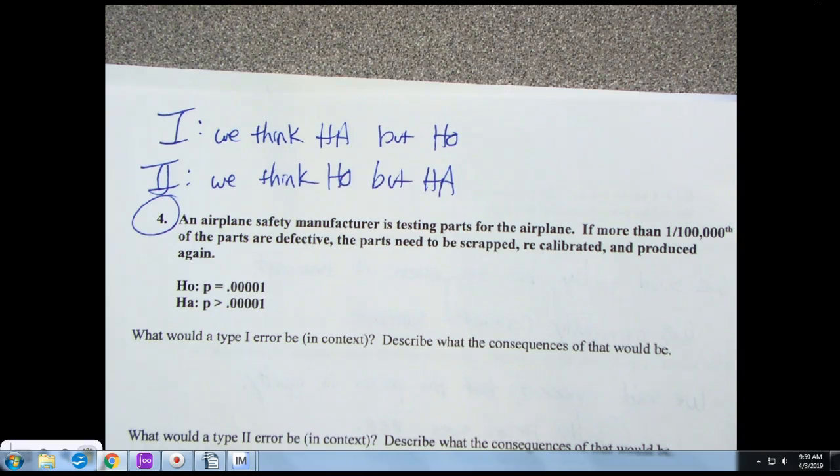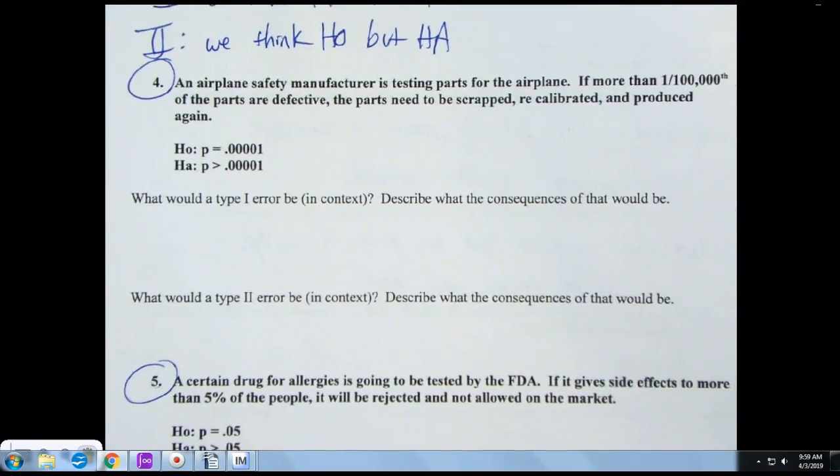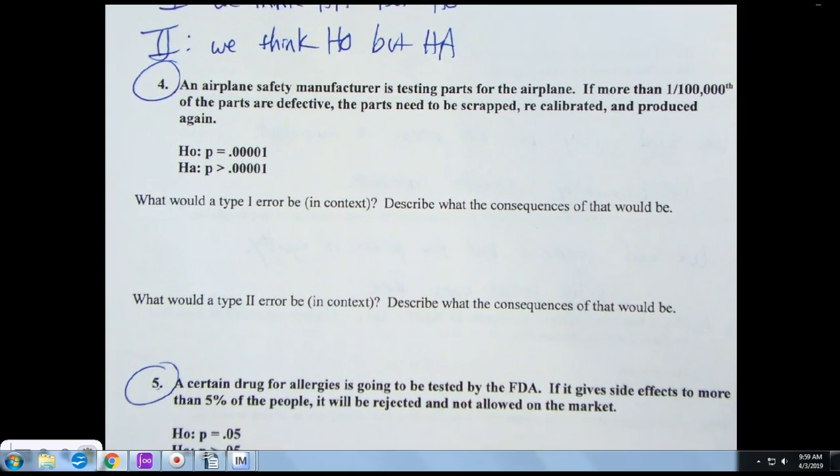If you memorize the box, I think that's helpful. It'll always ask you like that. You're going to put context in the consequences anyway, probably, but as long as it's somewhere, you're good.